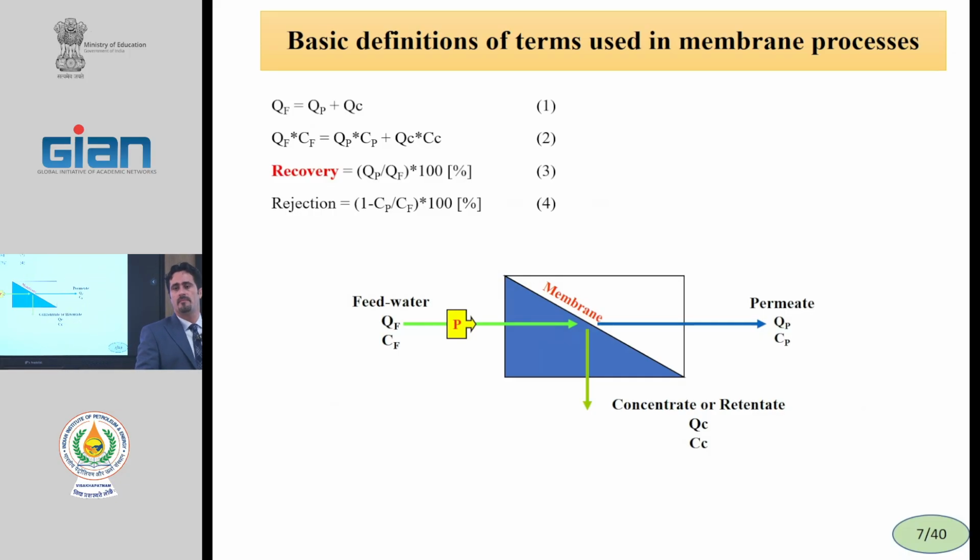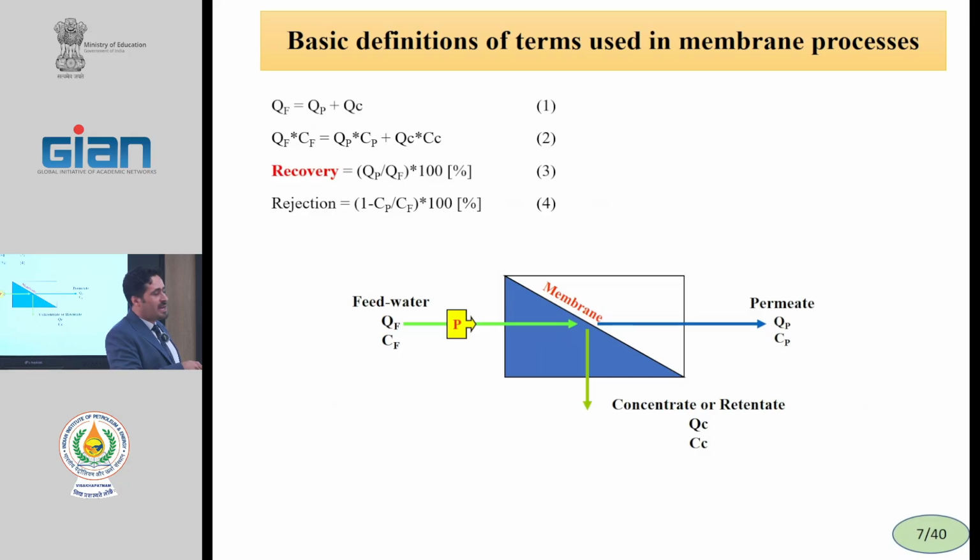In most cases, we test the membranes as a cross flow test, that's UF, RO, NF, and some gas separations. We have a feed stream that comes to the membrane surface and divides into two phases.